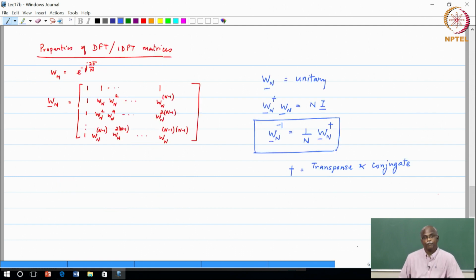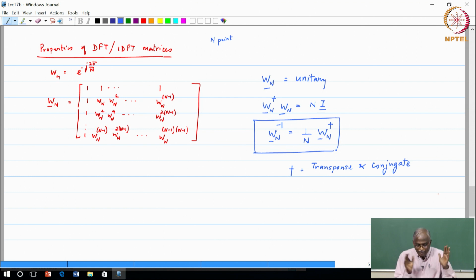Then we looked at the properties of the DFT matrix. In general, we talk about an N-point DFT or IDFT, and that is why we have chosen M there and N here.